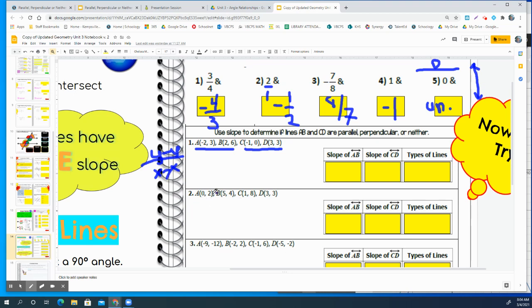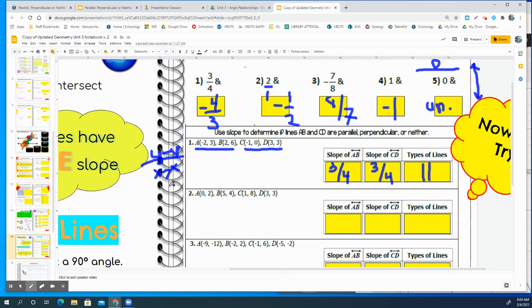If you're beginning part of the alphabet, what did you get for the slope for A and B? 3/4. And if you're end part of the alphabet, what did you get for the slope of C and D? Still 3/4. Are these lines parallel, perpendicular, or neither? Parallel.